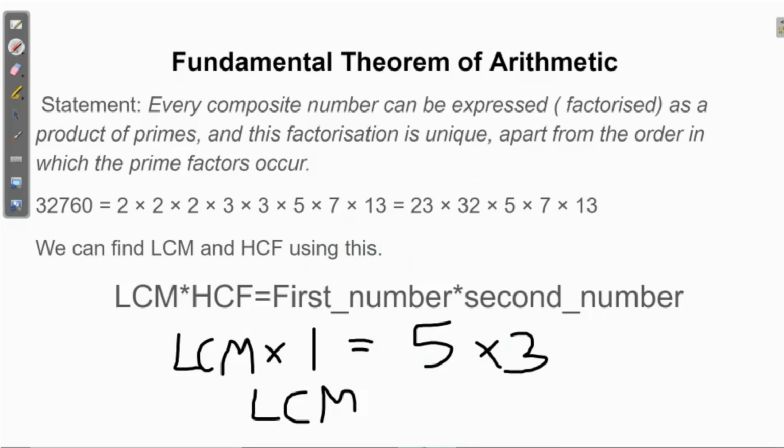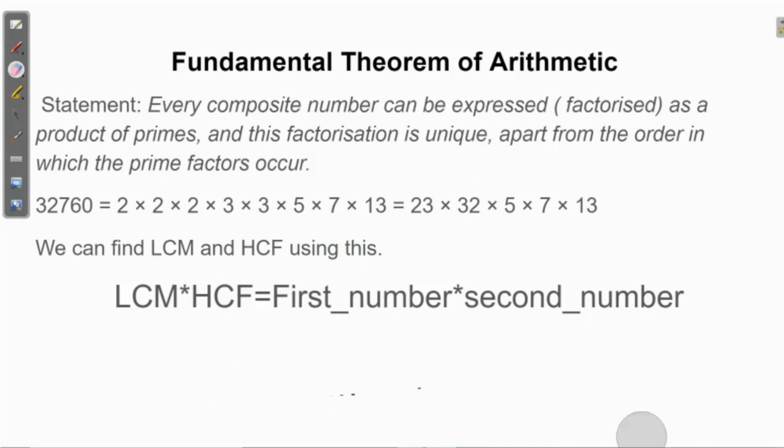You should know it. So what is the LCM? It is 5 into 3, 15. Even if you solve and check, you will get the same answer. So this formula is just a shortcut to easily solve when you're given two numbers and either the HCF or the LCM, any one of them. Please remember this, note it down.